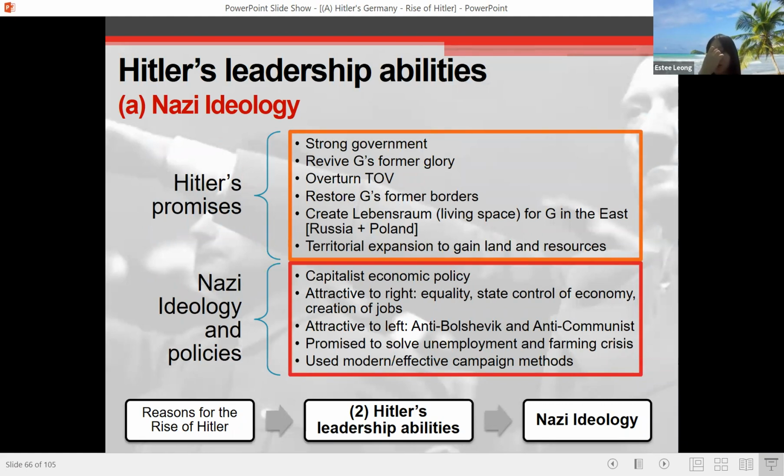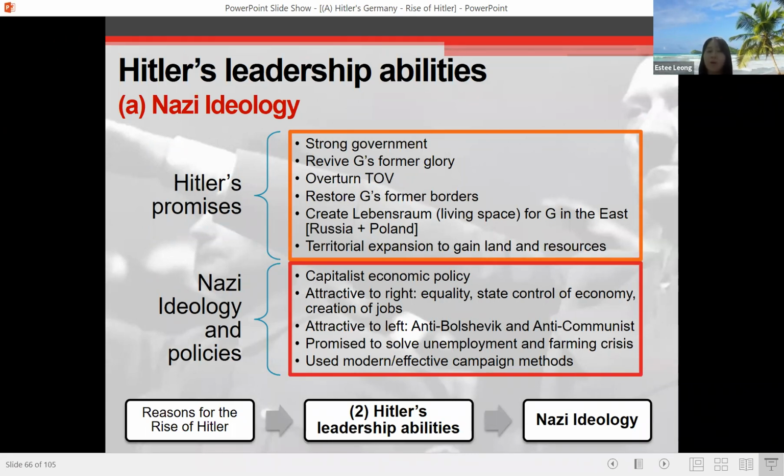I just want to highlight Hitler's aim of territorial expansion. If you look at the fifth bullet point, create Lebensraum, referring to living space for Germany in the East. I think I went through this the last time, right? Germany in the East, which refers to Russia and Poland.